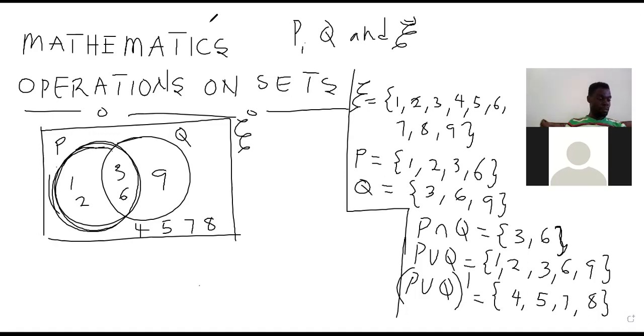Okay. So quickly, we look at the application of Venn diagram concerning two set problems. That's application on sets. That is when you're given a word problem to deal with.